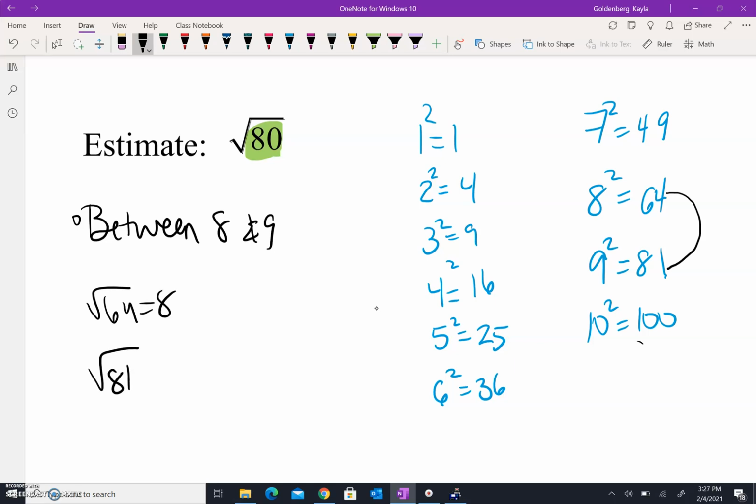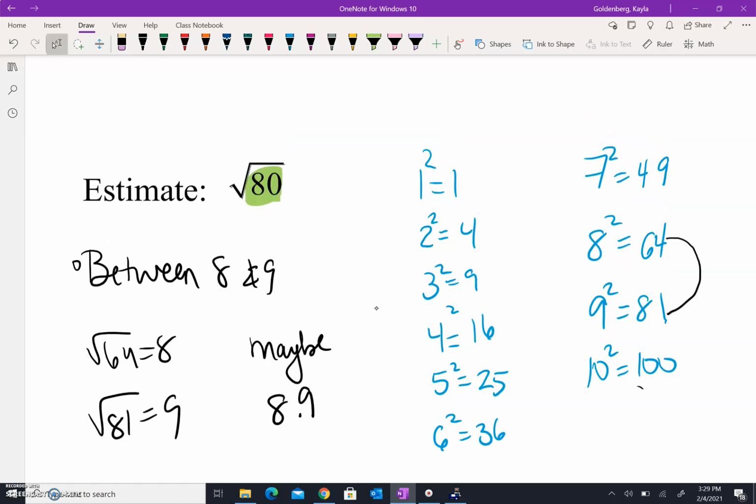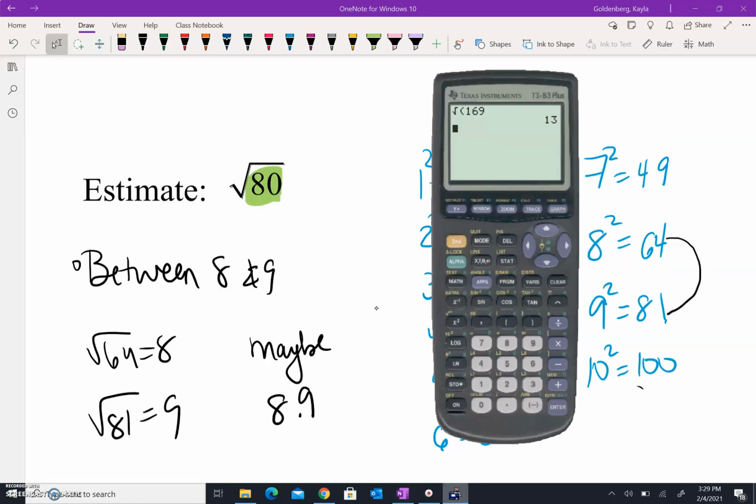The square root of 81 is equal to 9. That might be a better way to think through it. I could infer that it's closer to a 9 than to an 8. So I might say it's maybe like 8.9, right? It's pretty close to a 9 compared to an 8. So we can estimate about what it should be. If I wanted to check, I'm going to get my square root of 80.